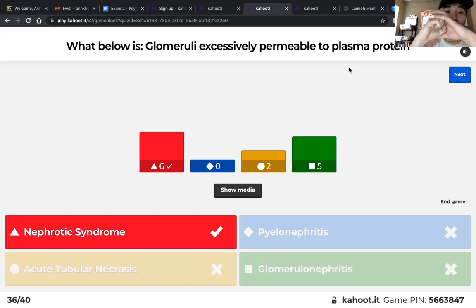In glomerulonephritis, the glomeruli are inflamed, but in nephrotic syndrome, the glomeruli were inflamed so much that they just give up, and they have a lot of holes, causing increased permeability to the protein, where the protein goes directly through the glomeruli without being filtered, and we pee all of it out. So it is nephrotic syndrome. Anything that increases the permeability of the protein will be related to nephrotic syndrome.